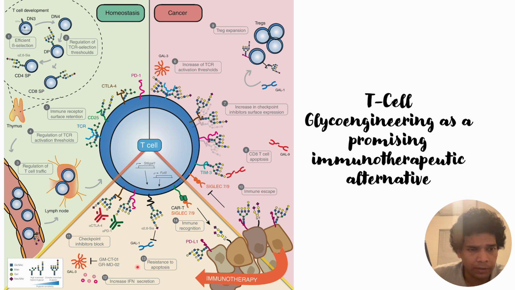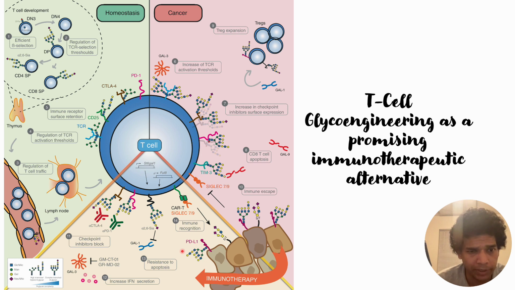The final panel at the bottom shows the various immunotherapy targeting agents that can be used. One of the targeting agents shown here is the activation of this immune checkpoint through this enhanced glycan structure.